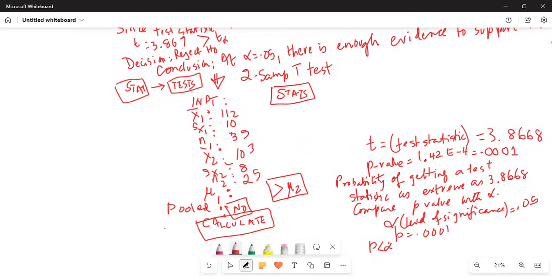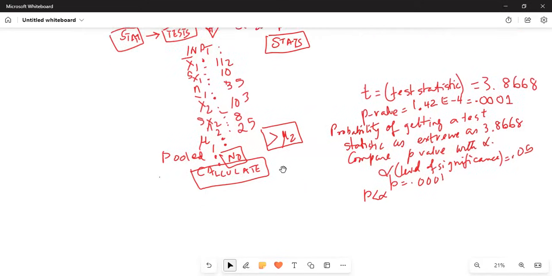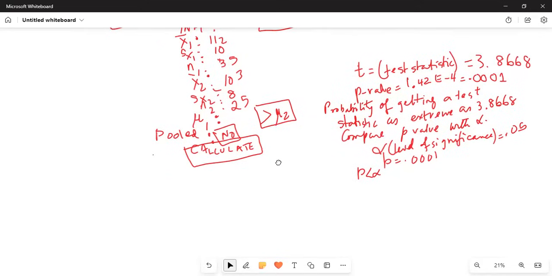So what is my decision? Same as before, but this may be an easier way to do the problem. This was my hint or my tip. So p is less than alpha, so the decision is the same as before. Decision is reject H0 because the p-value is less than alpha.